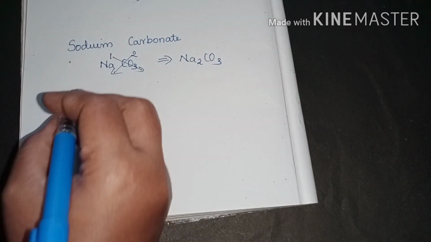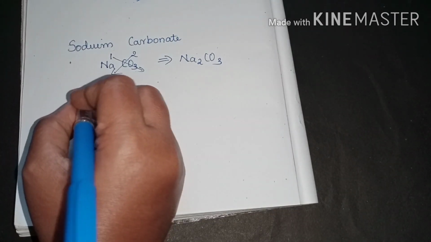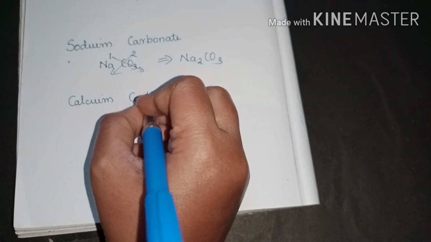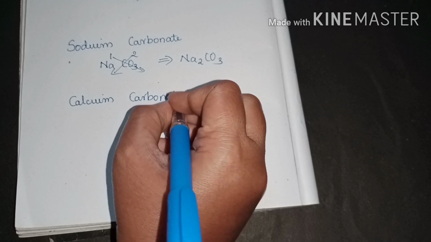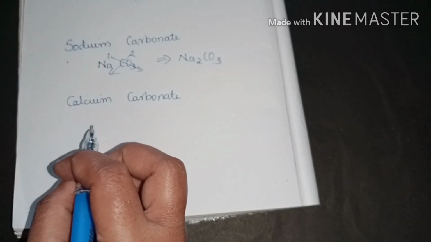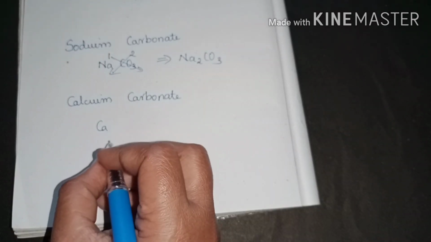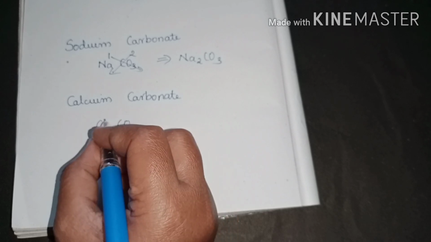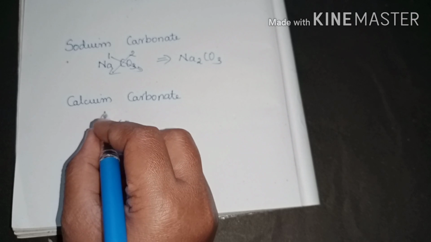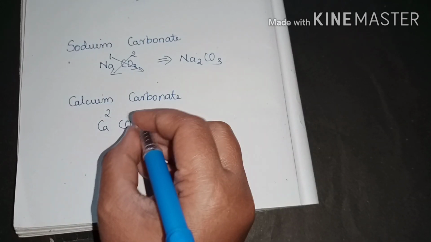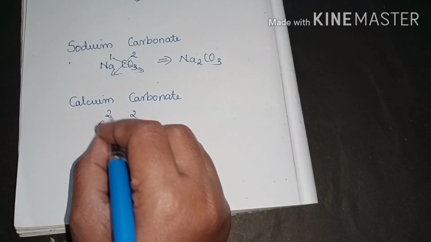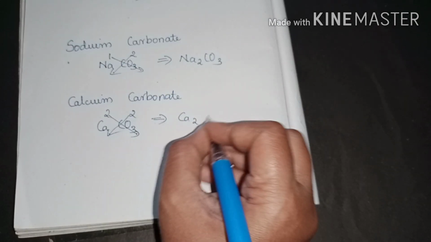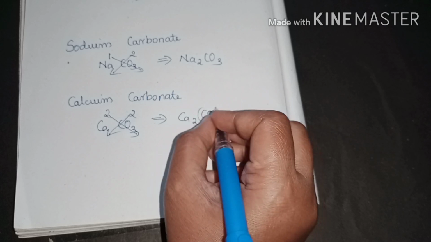Next one, calcium carbonate. How can we write the formula of calcium carbonate? First we write the symbol of calcium, then we write the symbol of carbonate, then write the magnitude of charges as superscript, that is here it is 2, here also 2, then on interchanging we will get Ca2(CO3)2.